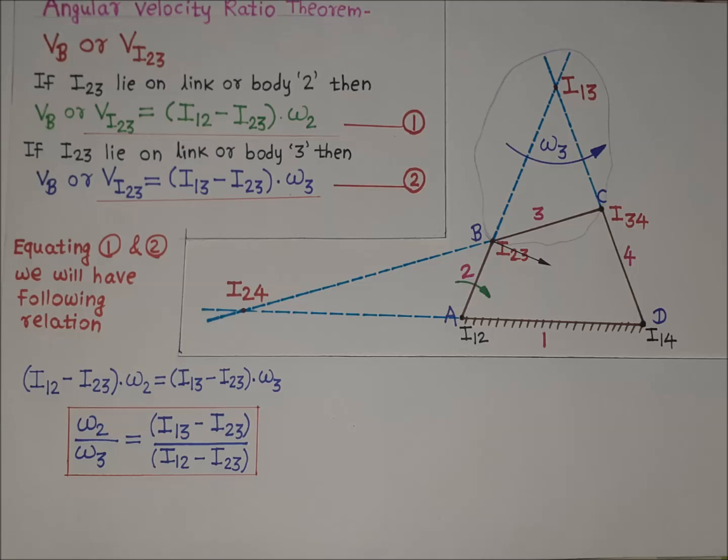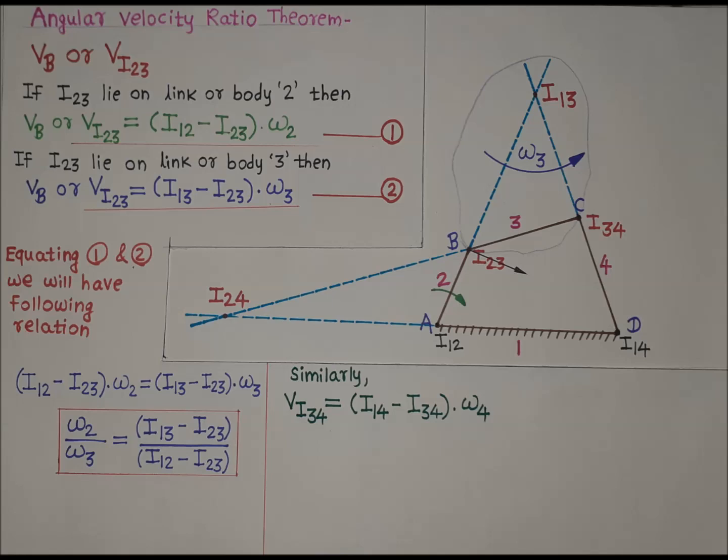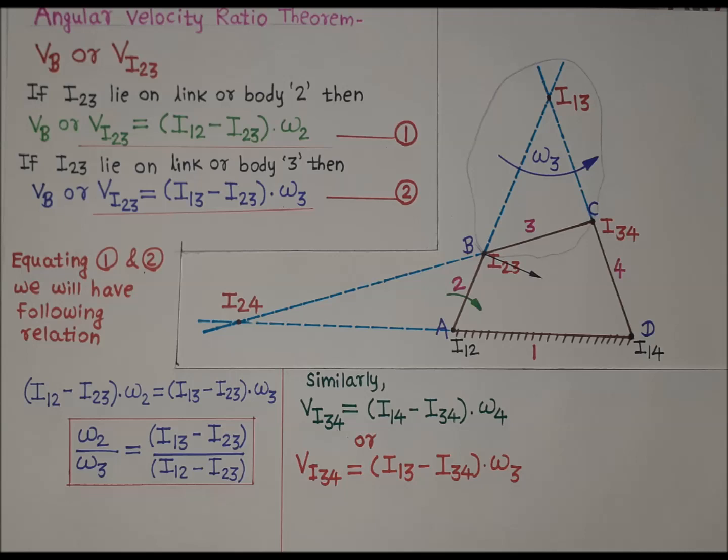Now, similarly, if I34 lies on link 4, then velocity at ICR I34, that is VI34, will be given by the relation VI34 is equal to I14 I34 into omega 4. If I34 lies on link 3, then VI34 will be equal to I13 I34 into omega 3. At ICR I34, relative velocity between link 3 and 4 will be 0.